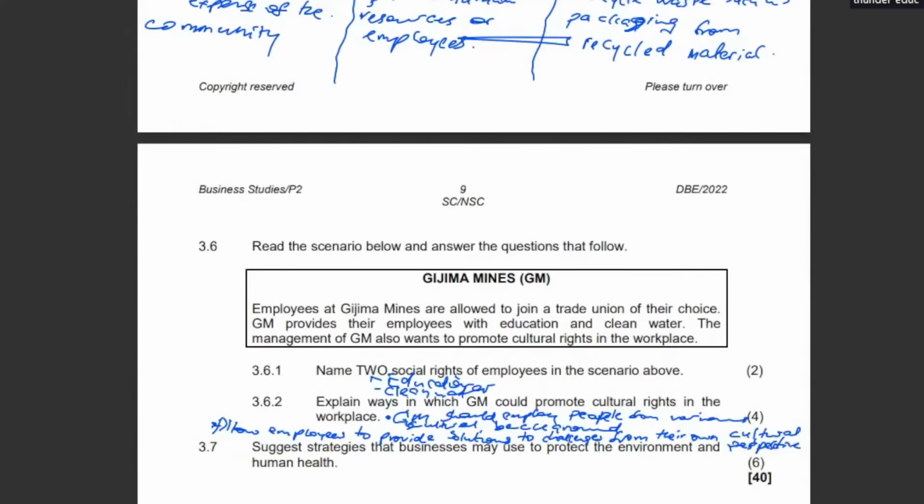It should allow employees to provide solutions to challenges from their own cultural perspective.